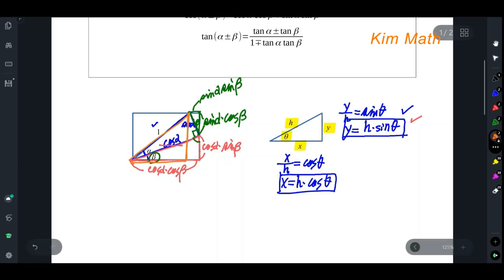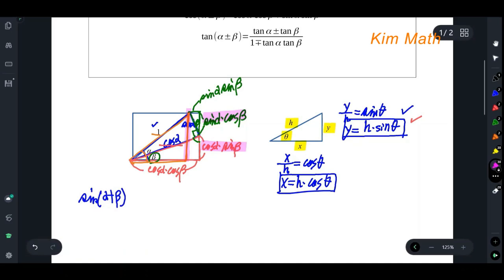In this case, the angle is alpha plus beta and the hypotenuse is 1. So what is sine alpha plus beta? Sine is opposite over hypotenuse. In this case, the hypotenuse is 1, so you can simply try to find the length of this one, right? But unfortunately, we don't have any label for this one, but we have these two things.